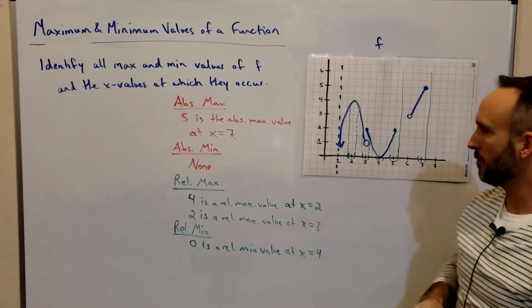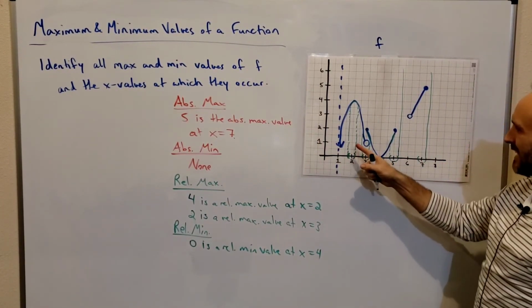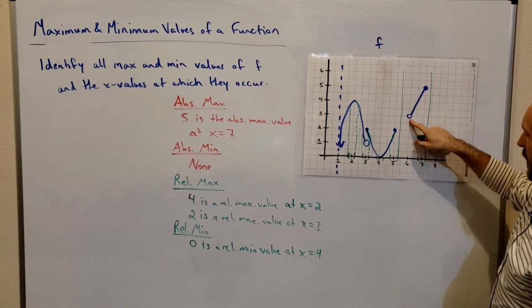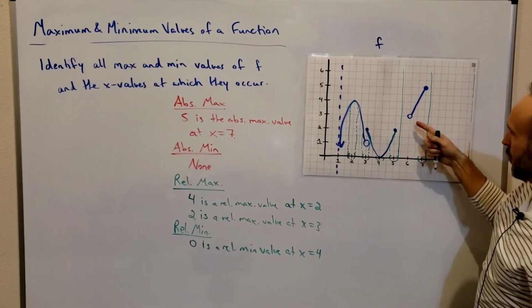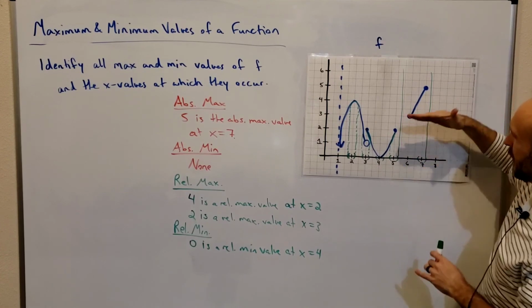So this should start making sense now. We're doing lots of examples here. The next candidate for the lowest point in its neighborhood might be right here where this open circle is. But as we discussed before, there is no lowest point right here, even though the graph terminates.